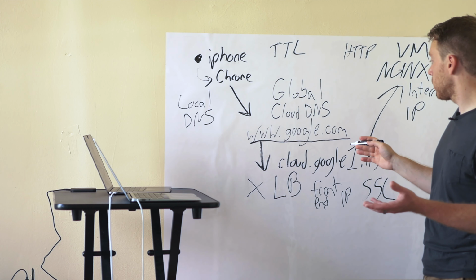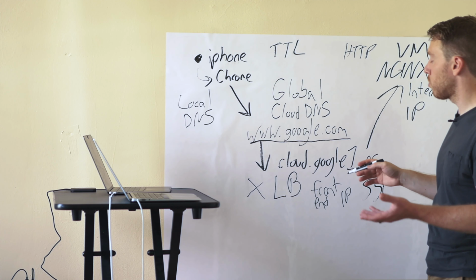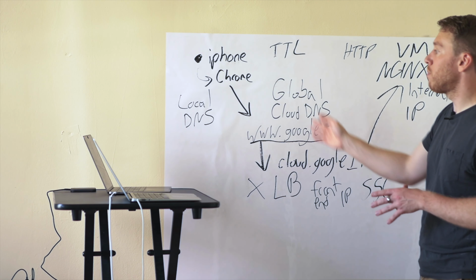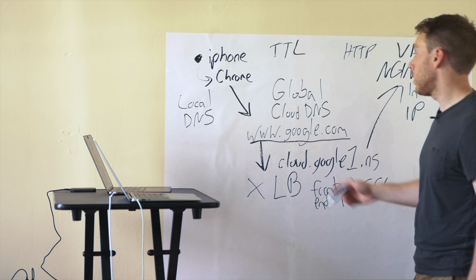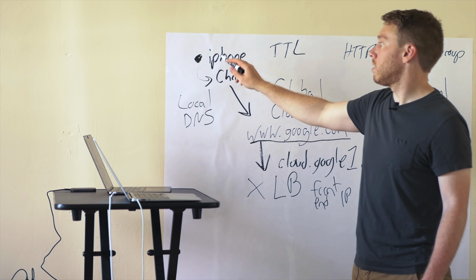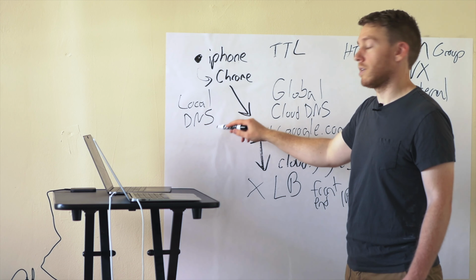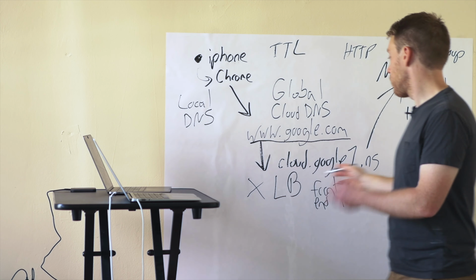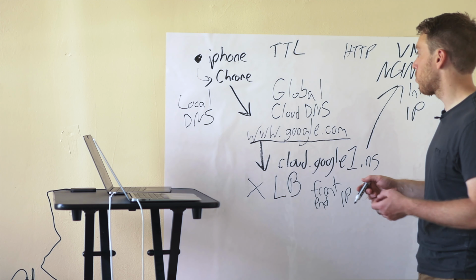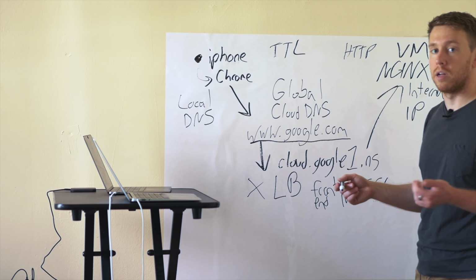Could be 60 seconds, could be 5 minutes, could be 24 hours. So you put these rules in place and they have to propagate out to the clients, right? First off, the cloud DNS has to update, but then the device's local DNS has to update. So sometimes people make these changes, they don't see their website working immediately and they think something's wrong. Well, it's just propagation happening.